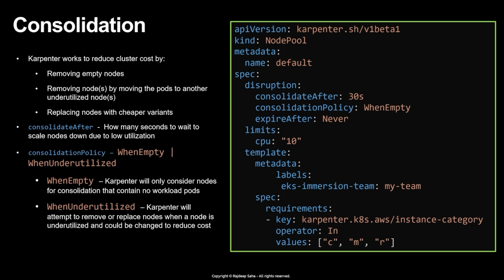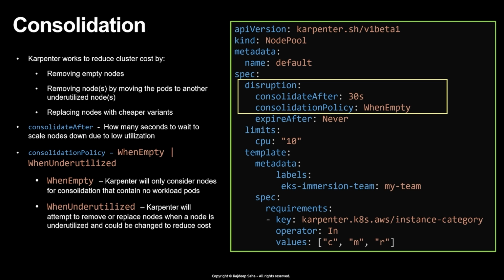So let's take a closer look at the NodePool YAML for consolidation. Karpenter works to reduce cluster cost by removing empty nodes, removing nodes by moving the pods to other underutilized nodes, or replacing nodes with cheaper variants.